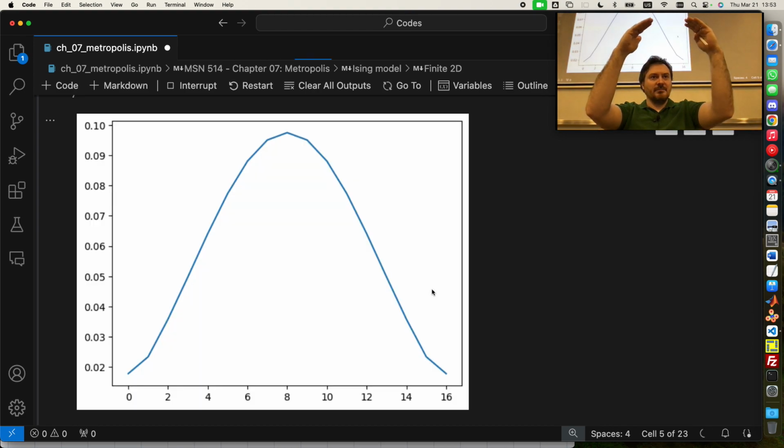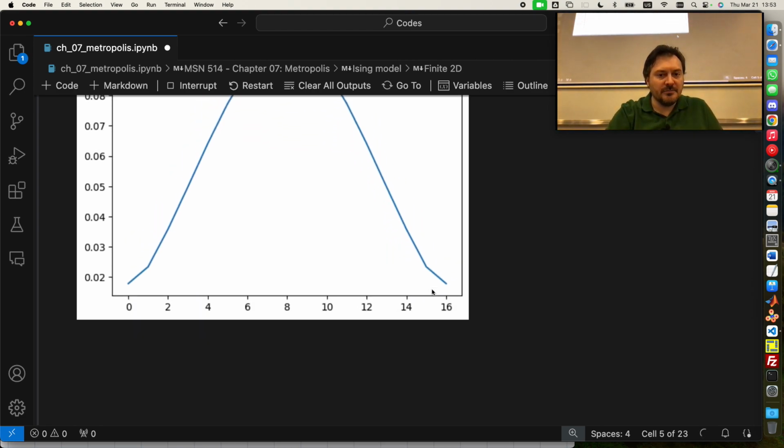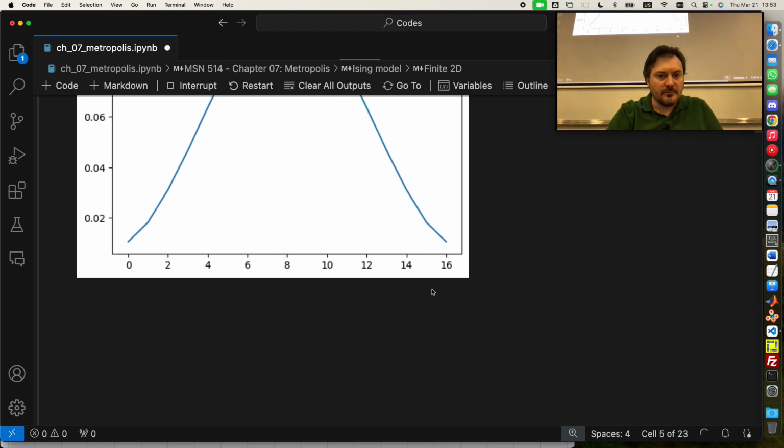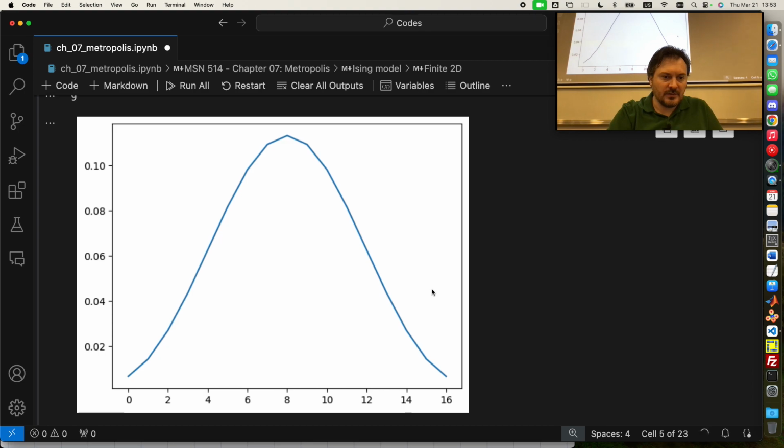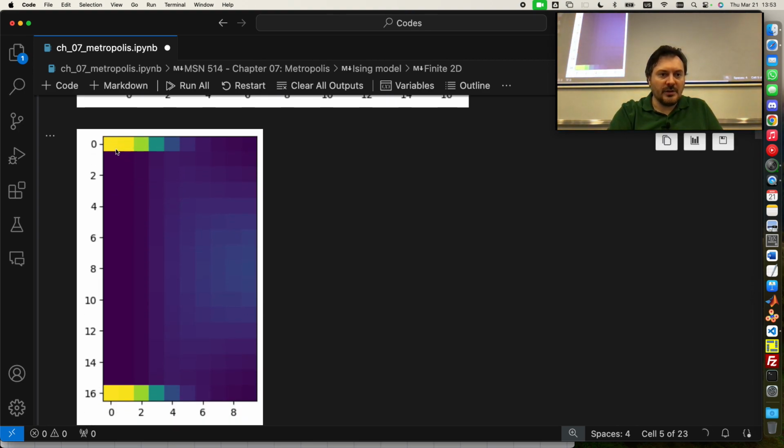Did you get it? Let's let it finish. So at low temperatures, it's either negatively or positively magnetized. At higher temperatures, the magnetization is gone. Okay? Do you have any questions at this point?